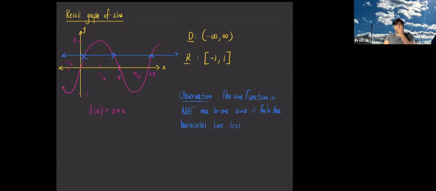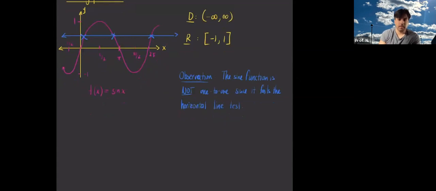Do you guys see that? It fails the horizontal line test. But I still want to consider the inverse of the sine function. So what do I do? I'm going to make it 1 to 1.